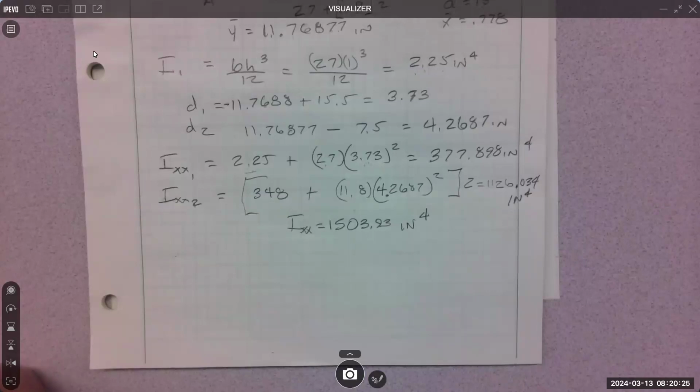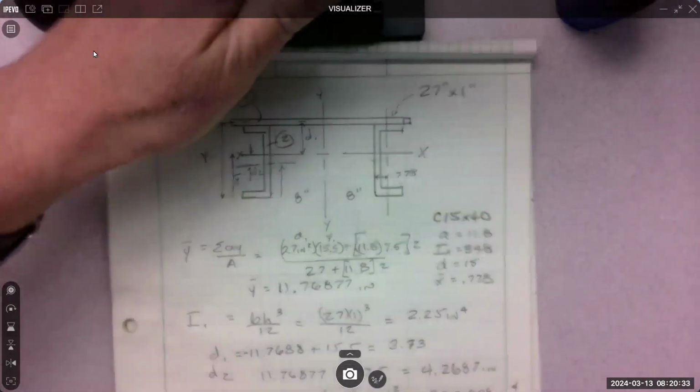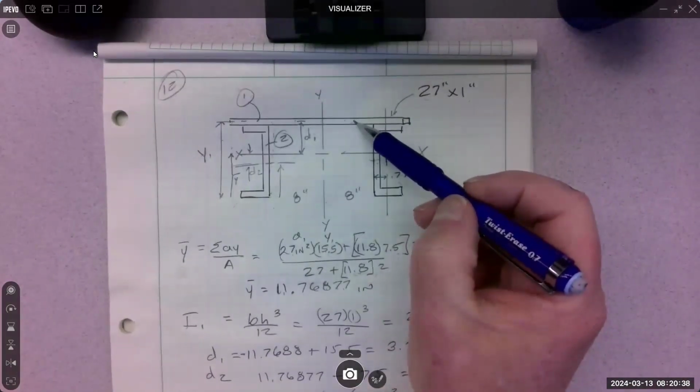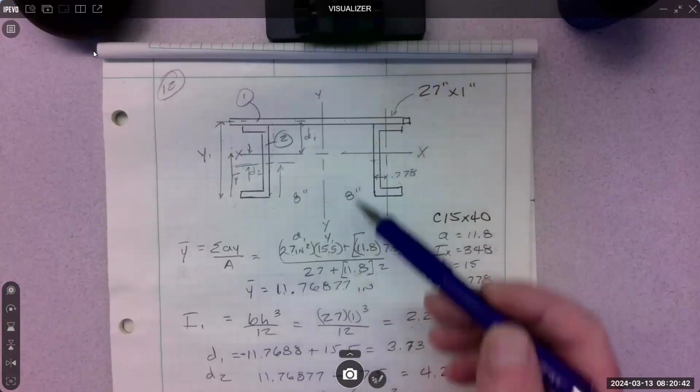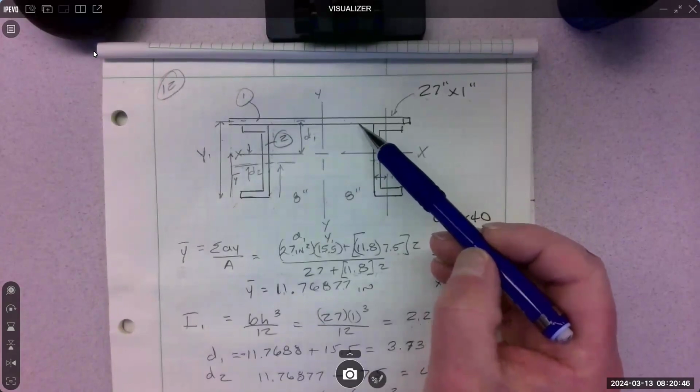Questions? And if it was not the geometrical center, then you have to find X bar then. Just the same thing we did here, you have to find out where it is.